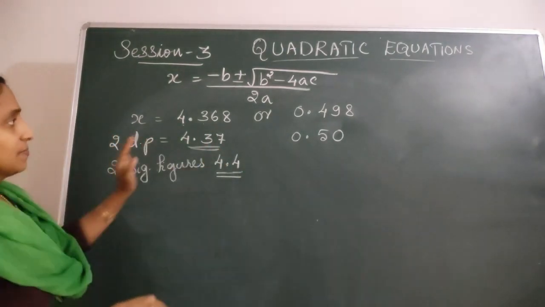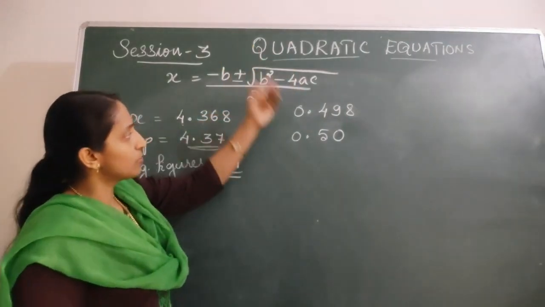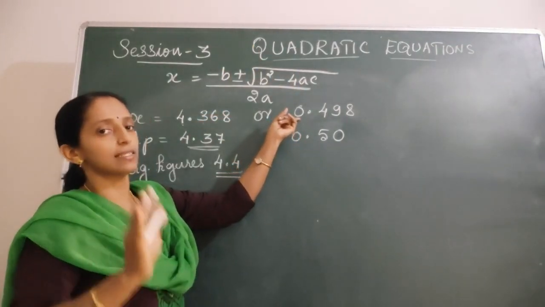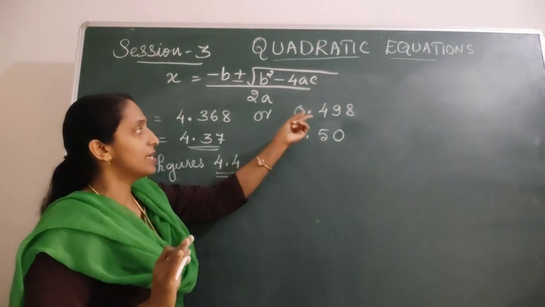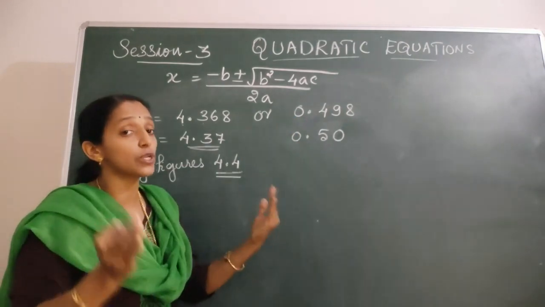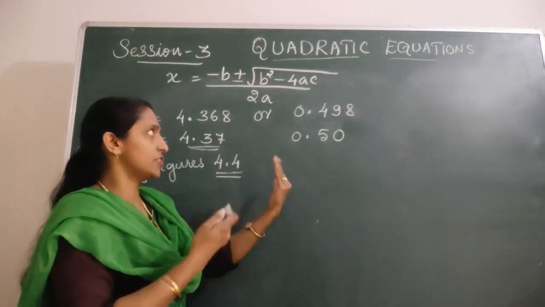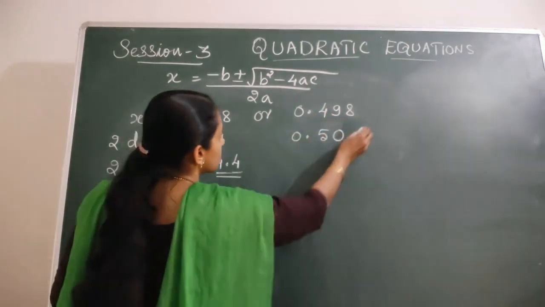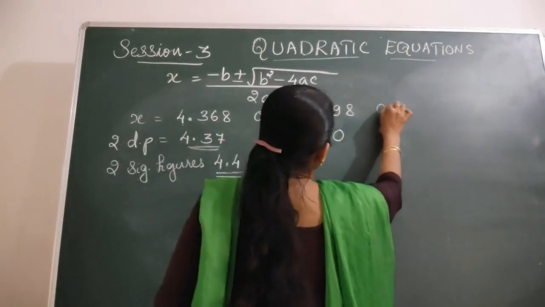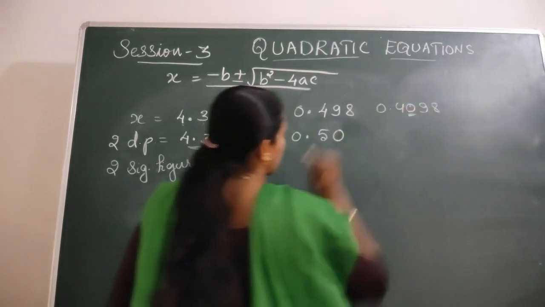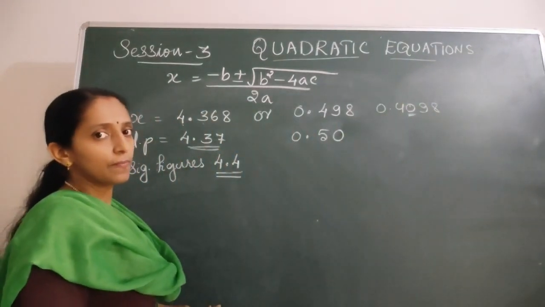4.4. Here the second value starts with 0 point. Considering significant figures, 0 is not considered a significant figure if 0 comes before the digits. But if 0 comes in between, suppose the question is 0.4098, then this 0 is countable. Right?